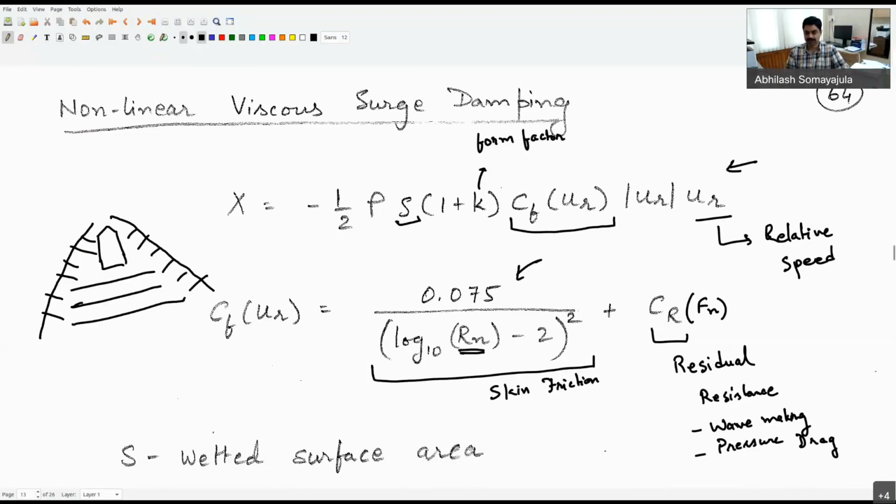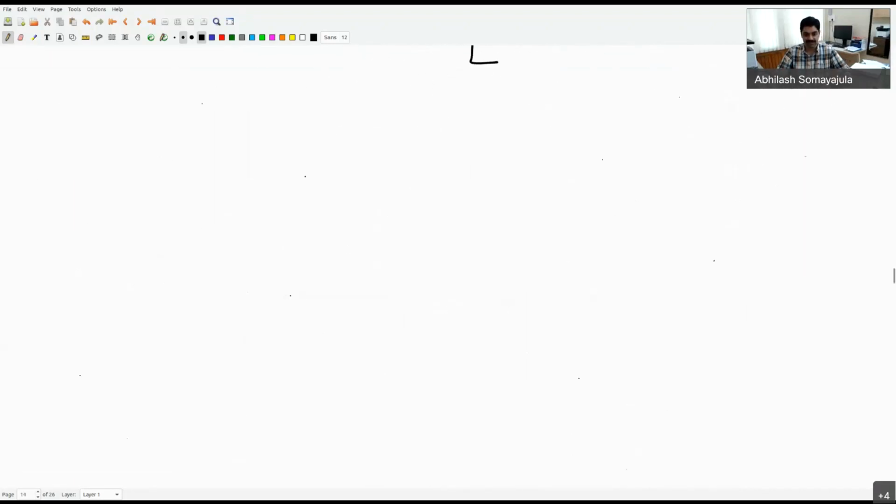But when we talk about dynamic positioning applications where the speed is much lower, and we are really interested in the station keeping problem, then we will see that this coefficient is not truly representative of the friction. The friction is actually more than what is predicted from this value for smaller speeds of the ship. So we need some modification when we are dealing with low speed vessels. Let's talk about what is happening there.